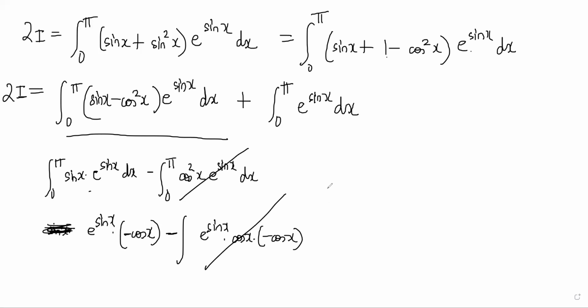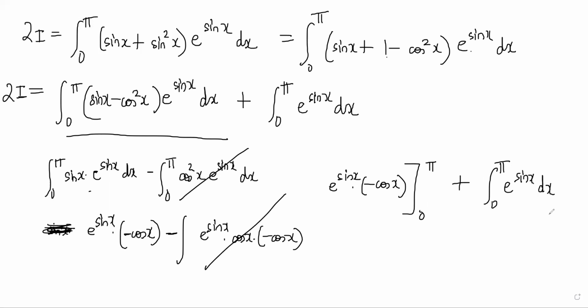So this is just e power sin x minus cos x over 0 to pi, plus 0 to pi e power sin x dx is equal to 2I. This value, let's find out.